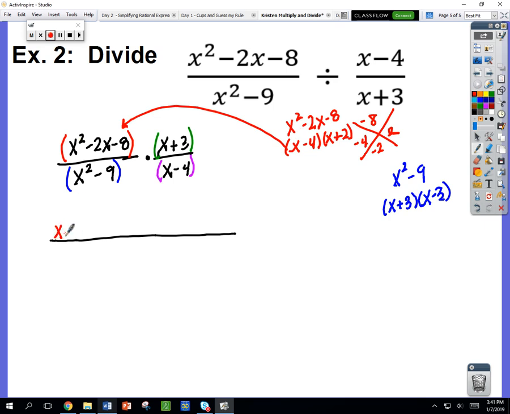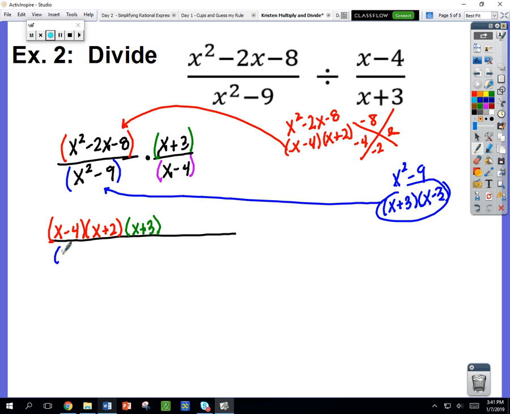And I get x minus 4, x plus 2, because that's what this one's numerator is factored. X plus 3 didn't factor, so I'm just going to bring that down next to it. This one, I'm going to go ahead and put the factored version. And then again, this one here didn't factor, so I'm just going to bring that down.